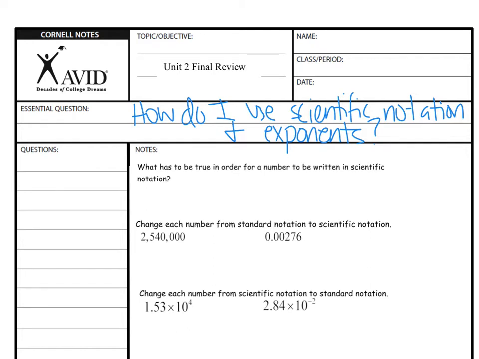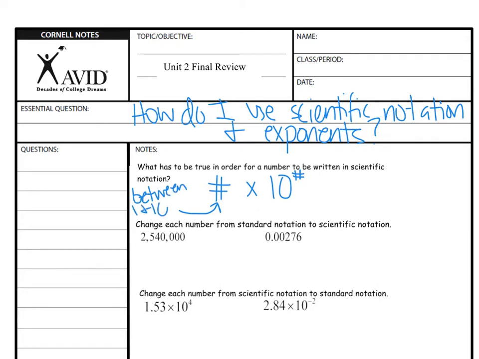So it says, what has to be true in order for a number to be written in scientific notation? Let's remember that it looked like a number in front times 10, and the 10 has an exponent that is a number as well. We need to add some to this. The number that's in front has to be between 1 and 10.